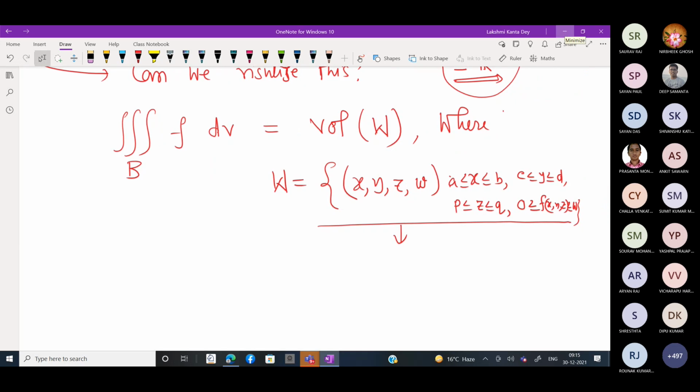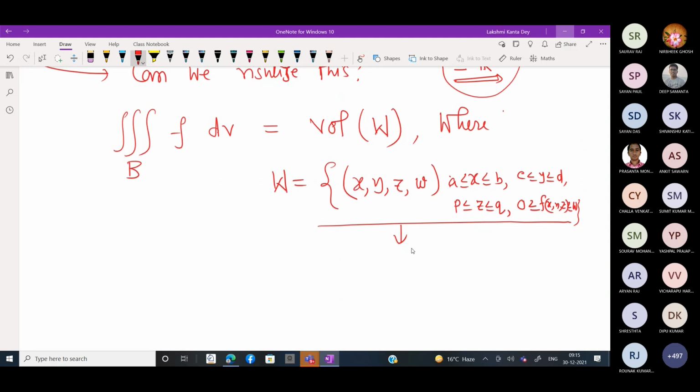So we get it like this. Triple integration means this is also the volume of a four-dimensional region, because there is no dedicated term available for dimensions higher than 3. So we call it volume.